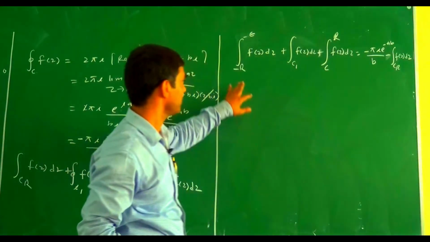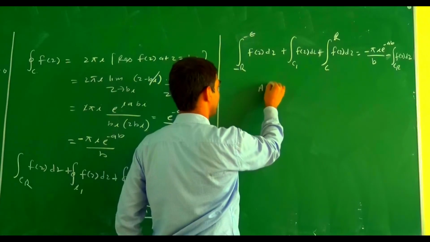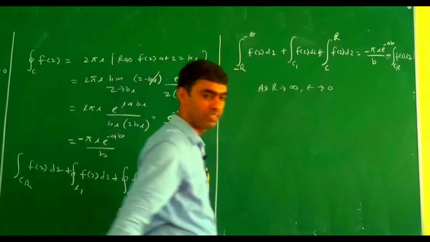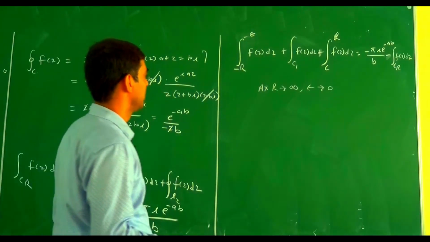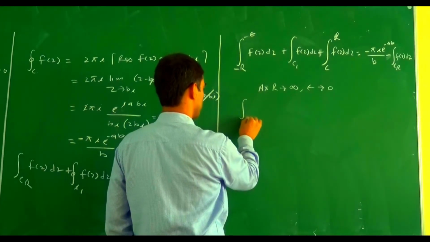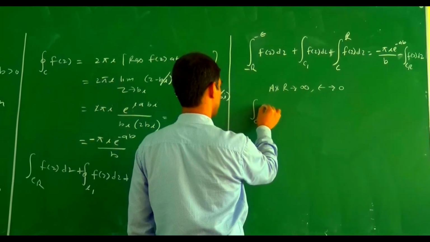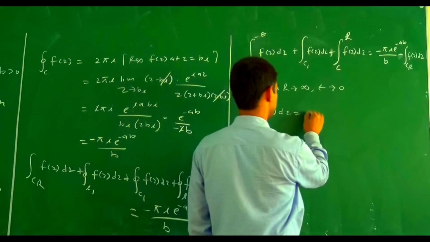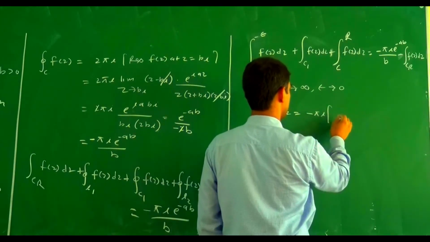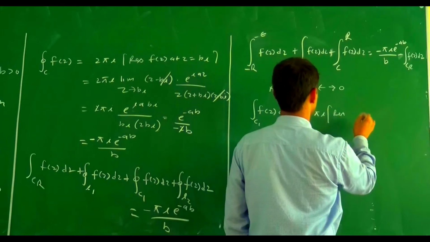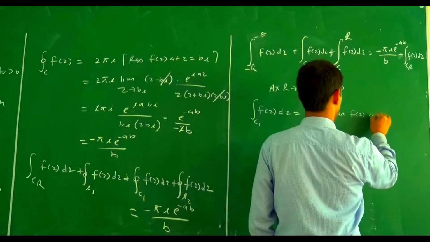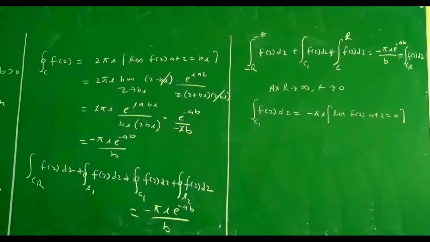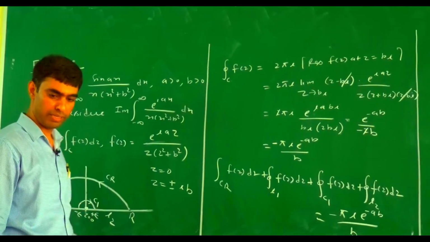Now as R tends to infinity and epsilon tends to 0, what is the value of the integral over C1 of f(z) dz? It becomes minus pi i times the residue of f(z) at z equals 0, because z equals 0 lies on the real axis.